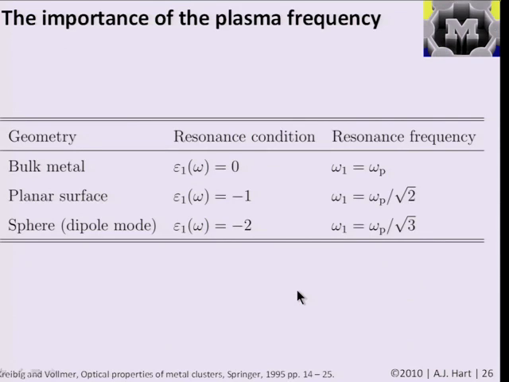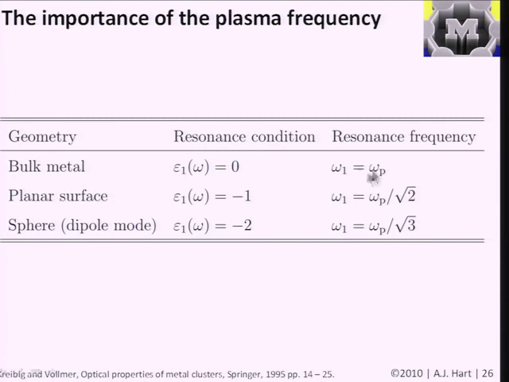And just one more thing, if you want to know what's going on, the plasma frequency is a useful number to keep in mind. That frequency will relate to the frequency of light that you're putting in, and if you know the plasma frequency, so for example for a bulk metal or for a planar surface or for a sphere, you can relate the plasma frequency to the resonant frequency in these simple models.